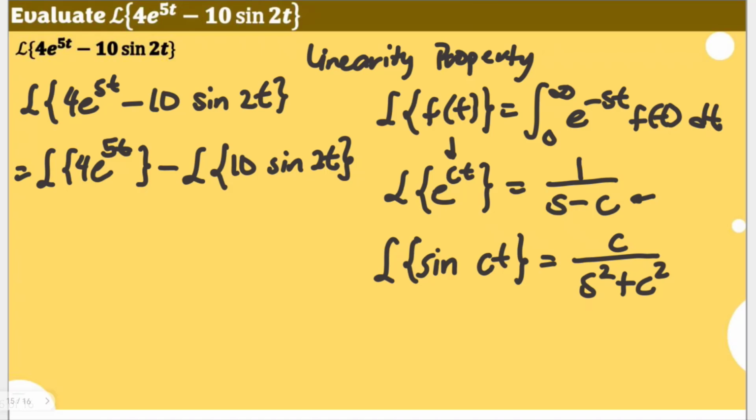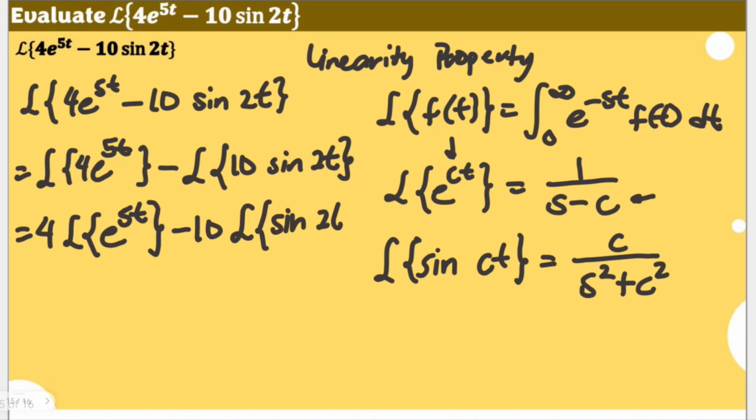There are combinations that we can also do here, but the linearity property allows us to break out the constants. You will have 4 times the Laplace transform of e raised to the 5t, minus 10 times the Laplace transform of sine 2t. We are doing this because this is fitting to this form where our c is 5, and this is fitting to this form as well.